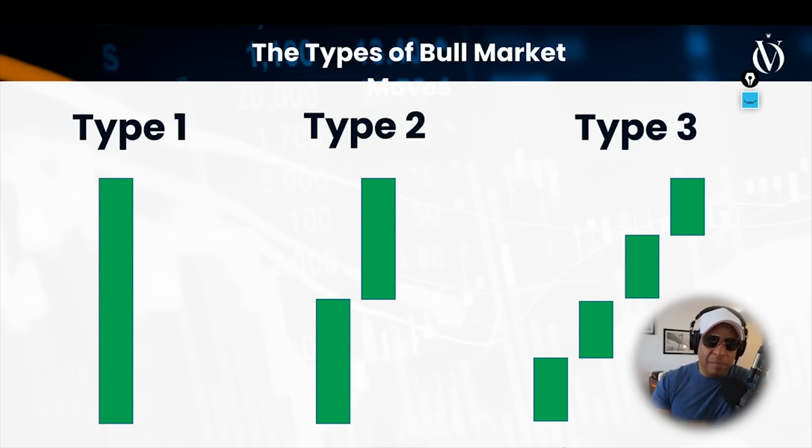The first type of bull market move is a violent, powerful, sudden, unmistakable surge to the upside in the form of 1 bar. Type number 2 is 2 powerful bars, not as elongated as type 1, but very powerful.